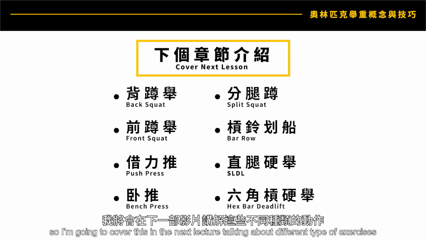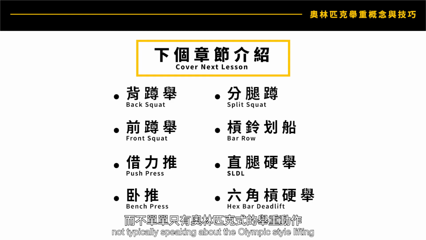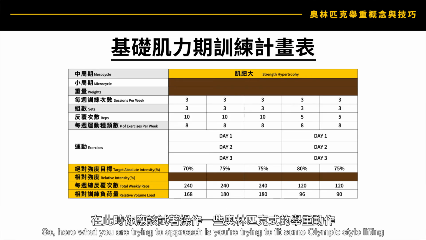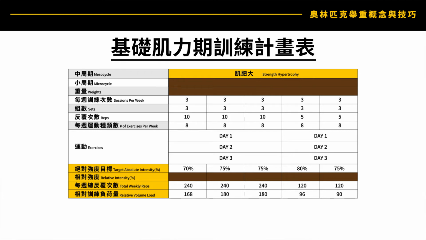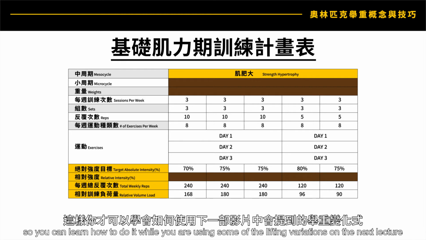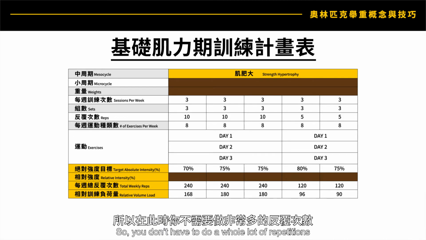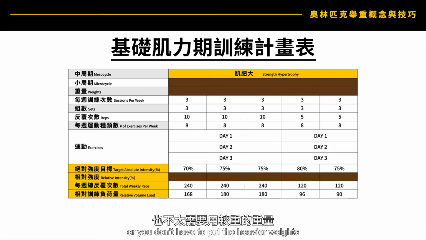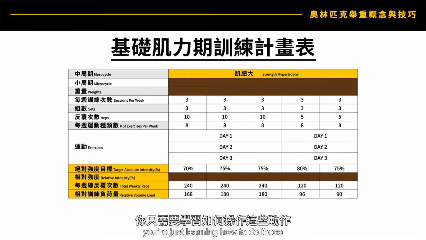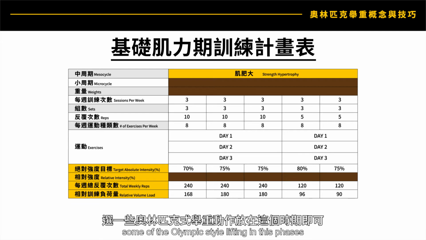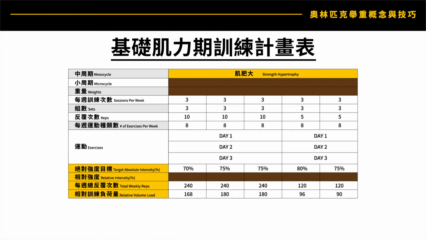I'm going to cover this in the next lecture, talking about different types of exercises, not typically Olympic style lifting. Here, you're trying to fit some Olympic style lifting so you can learn how to do it while using some of the lifting variations in the next lecture. So you don't have to do a whole lot of repetitions, or put on heavier weights. You're just learning how to do some of the Olympic style lifting in these phases.